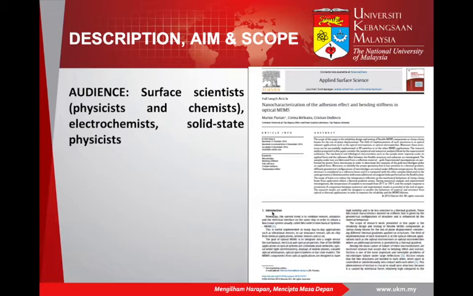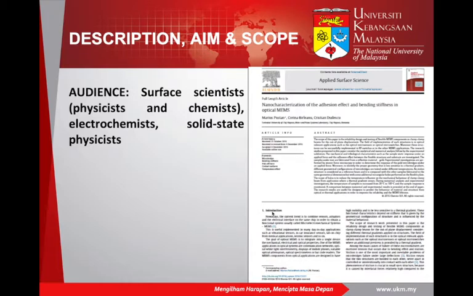When you wanted to write for a journal, the first thing that has to come to your mind is the audience of that journal. For example, here I'm giving an example of one journal, Applied Surface Science. So the first question that you should ask is, who are the audience for this type of journal?